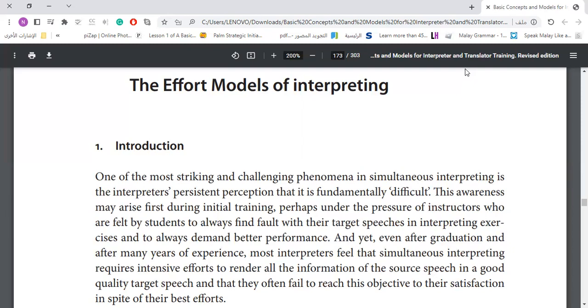That's why the author is introducing the effort model of interpreting to us, or effort models, because we're going to talk about different areas that require the interpreter's efforts.